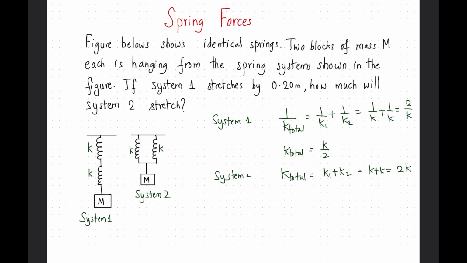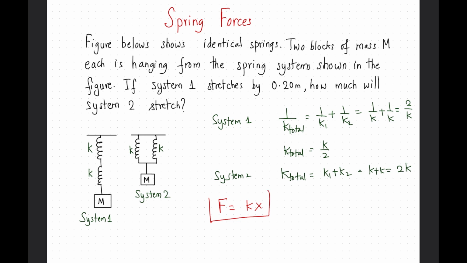Now we know that Hooke's law states F equal negative kx. We are just going to ignore the negative and just write it as kx because we are interested right now only in the magnitude. So F is equal to kx. We can see that F, that is a force, is the weight of the mass, and because both the masses are same, we have the same force for both the systems.